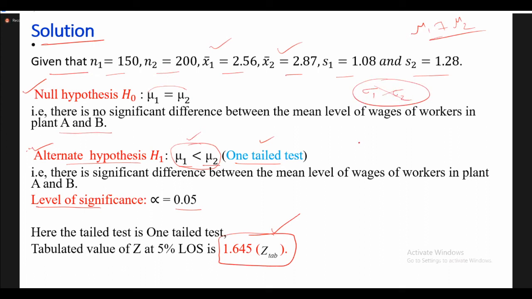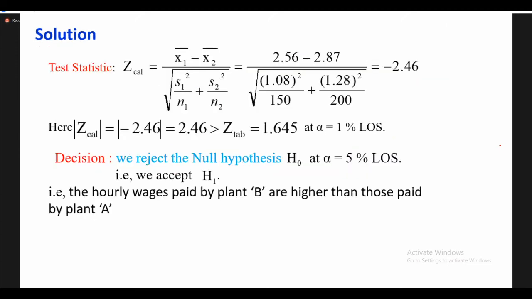In such a case, you can use the formula: Z calculated is x1 bar minus x2 bar divided by the square root of s1 square by n1 plus s2 square by n2.